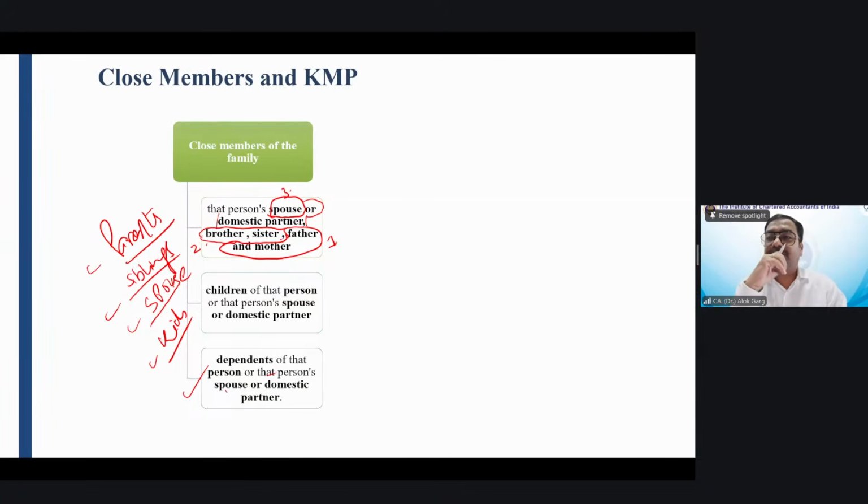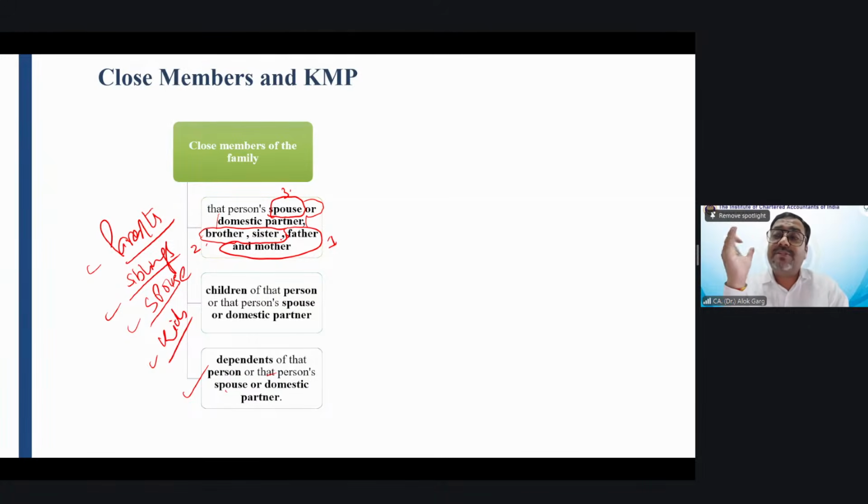Now the question is whether those father-in-law and mother-in-law of Mr. Ram will be considered as a close member of the family of Mr. Ram. Answer is yes. Why? Because they are dependent on either Mr. Ram's wife or on Mr. Ram. Okay.